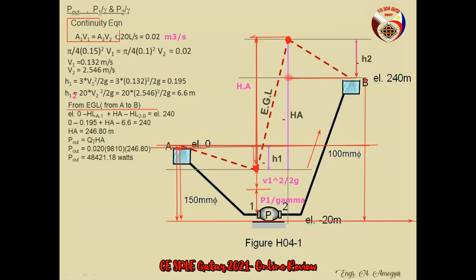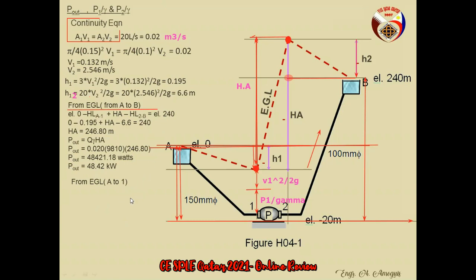You can divide it by 746. Kung kilowatts yung nasa choices, then no problem. By the way, calculator have the conversion ng watts to kilowatts. So anyway, ang tanong nito is in kilowatts. So no need to convert.